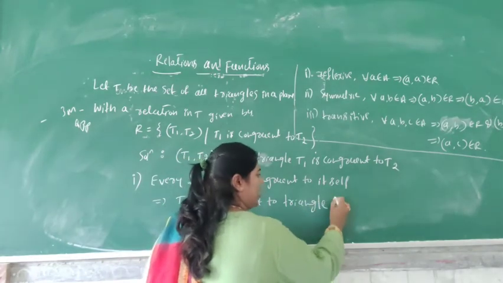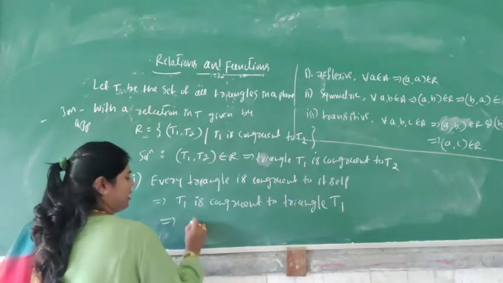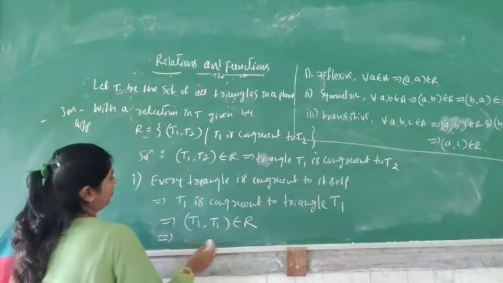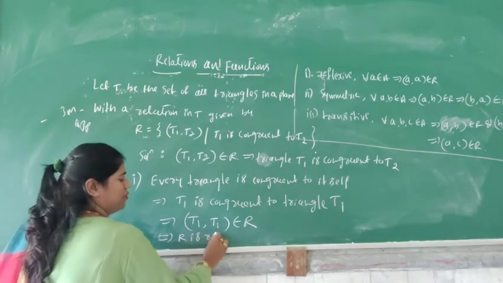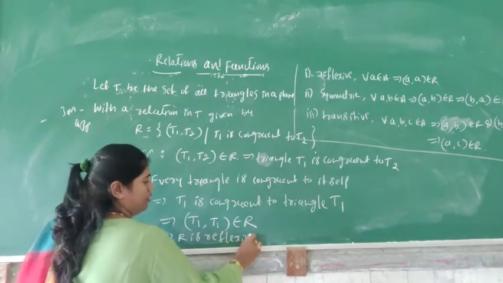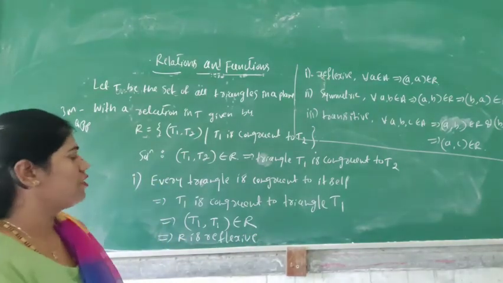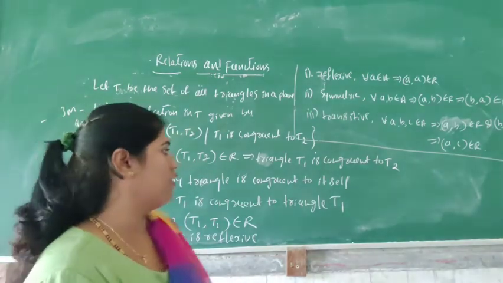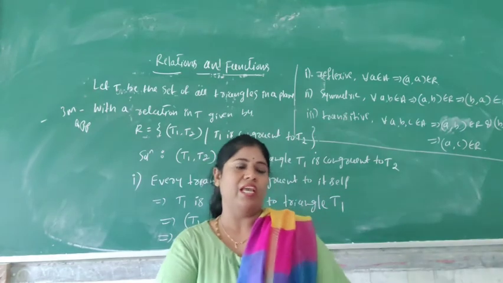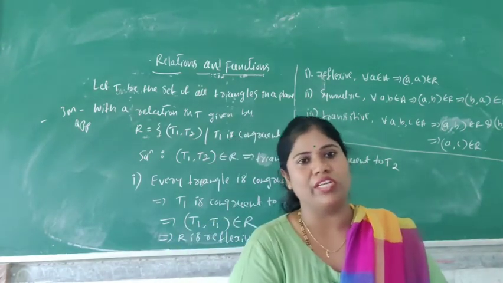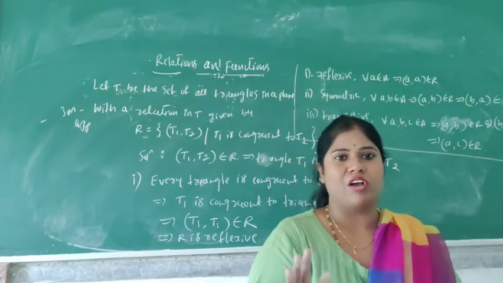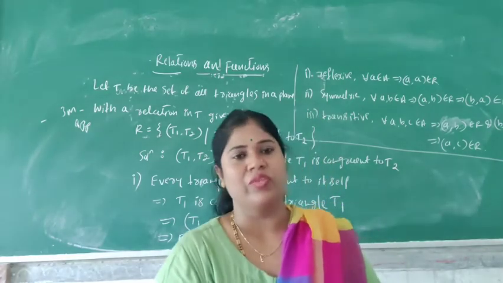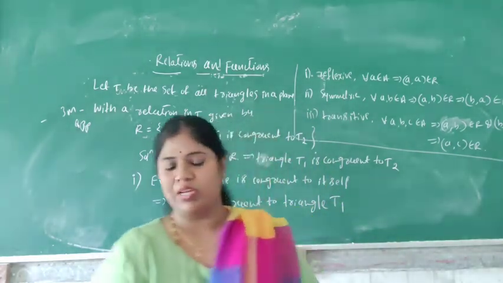So it implies (T1, T1) belongs to the set R. Therefore, R is reflexive. First, we have to write the reflexive relation. We know that every triangle is congruent to itself. It means the triangle T1 is congruent to T1, so (T1, T1) belongs to the set R. Hence, it is a reflexive relation.